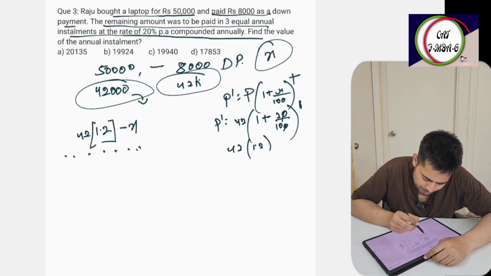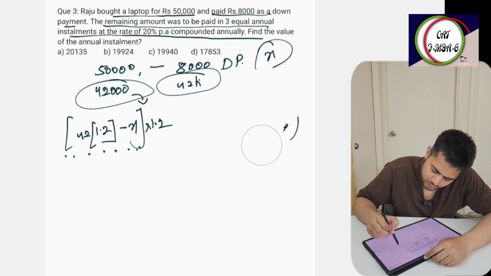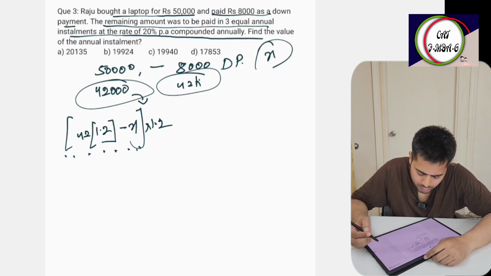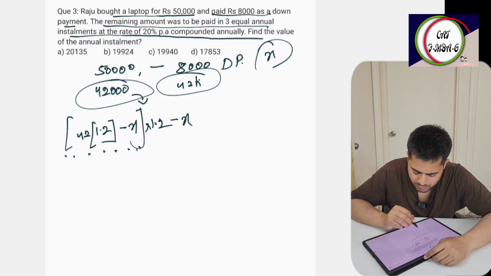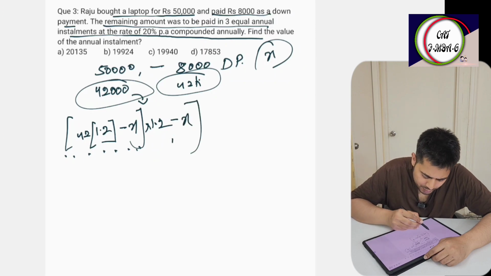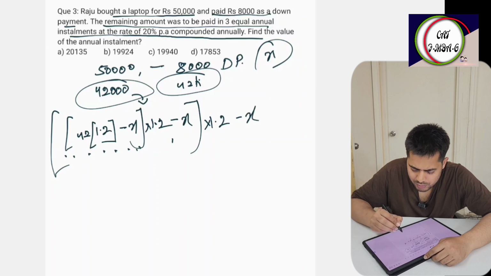So after 2 years, what will happen? This amount will become into 1.2. Then he will pay another X rupees. Then after third year, this amount will become into 1.2. Then he will pay another X rupees.